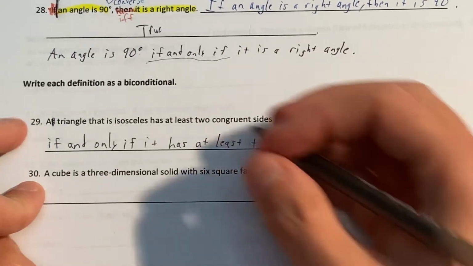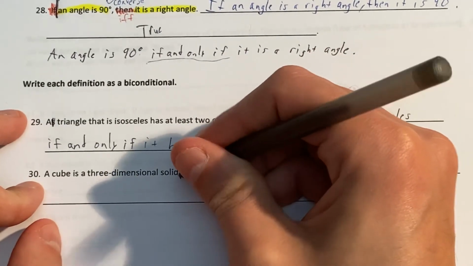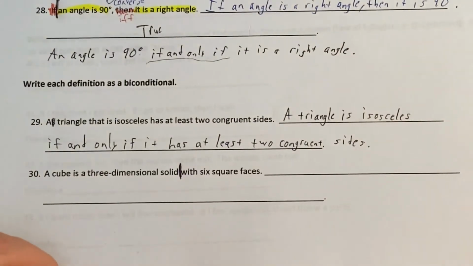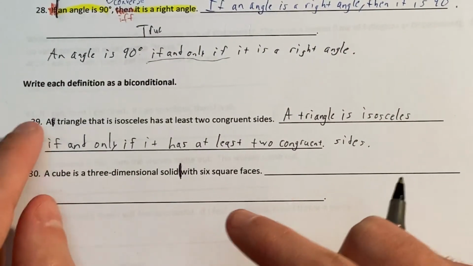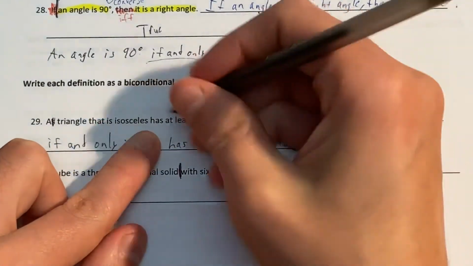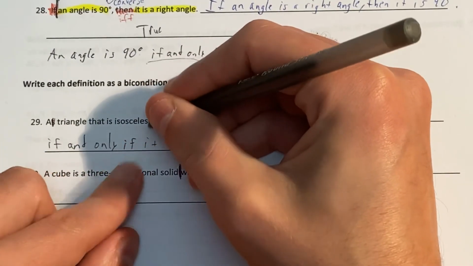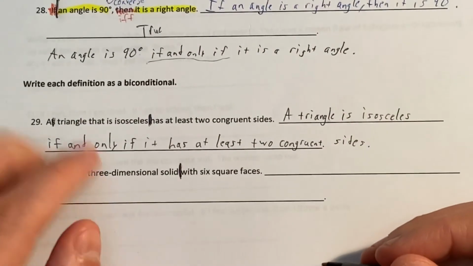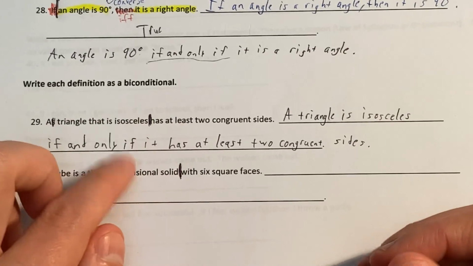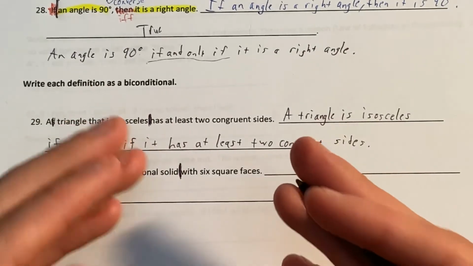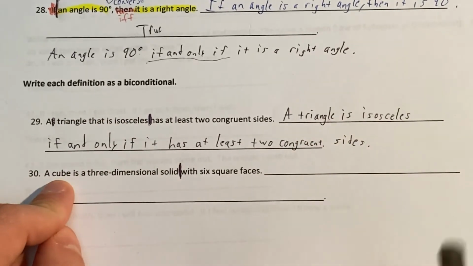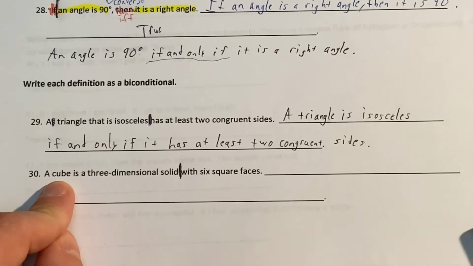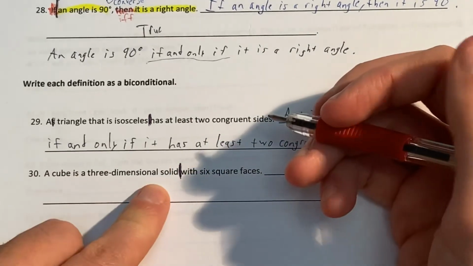So a cube is a three-dimensional solid with 6 square faces. So those are the two thoughts going on. Just like here, this is where the two thoughts separated. You need to separate it so you know what's going to be the hypothesis versus the conclusion. So here we would start with a cube is a three-dimensional solid.